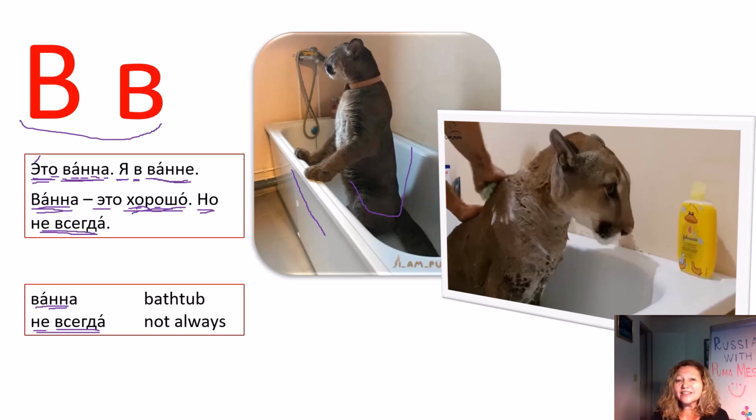So we see that in this picture, Messi is very happy, and he's saying that the tub is good. And on this picture, he's saying, oh, maybe it's not always so good, because Daddy is washing me. So that's our lesson.